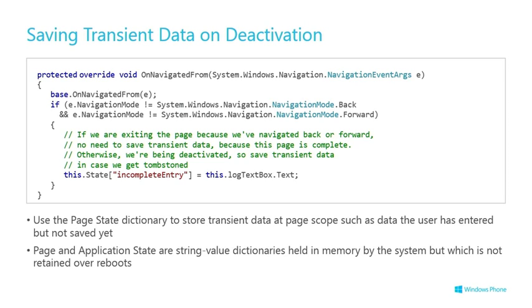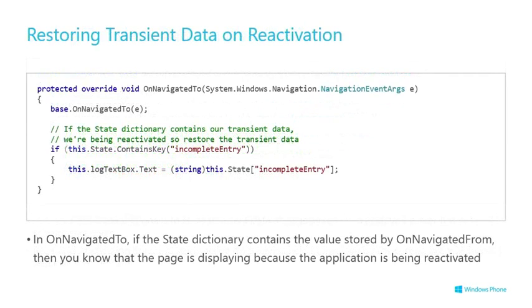And then when you come back, so now we're going to be reactivated. And if you remember, you come back at the page where you left. So it's going to be this same page that is reactivated. And in the OnNavigatedTo, you'll have some logic that says, have I got something in my state dictionary with a certain key? And if there's something there, in this case, incomplete entry, you'll say, clearly, I am being reactivated from a suspended state.